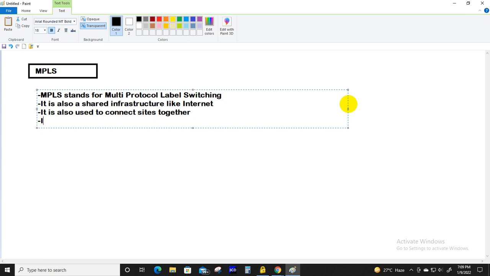It allows us to create VPN over the MPLS infrastructure between sites. That means we can create VPN tunnel between sites over the MPLS infrastructure.